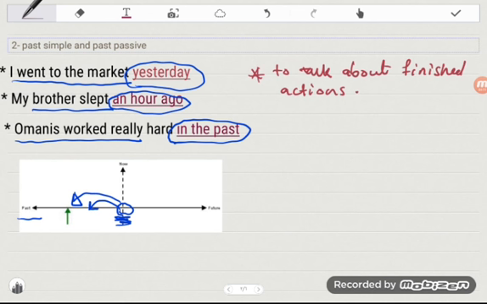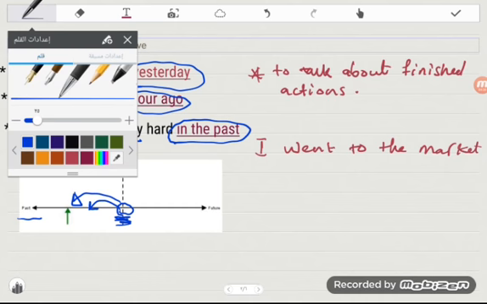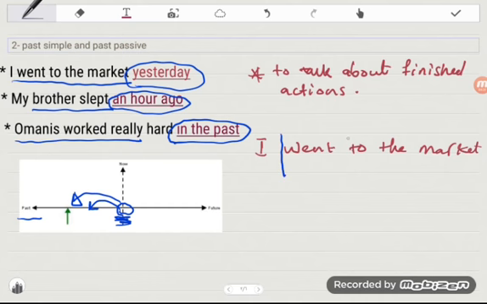How do we structure any simple past sentence? Let's take, for example, I went to the market yesterday. I went to the market, yesterday. It's divided into sections: went, to the market. Now what is I here in this sentence?